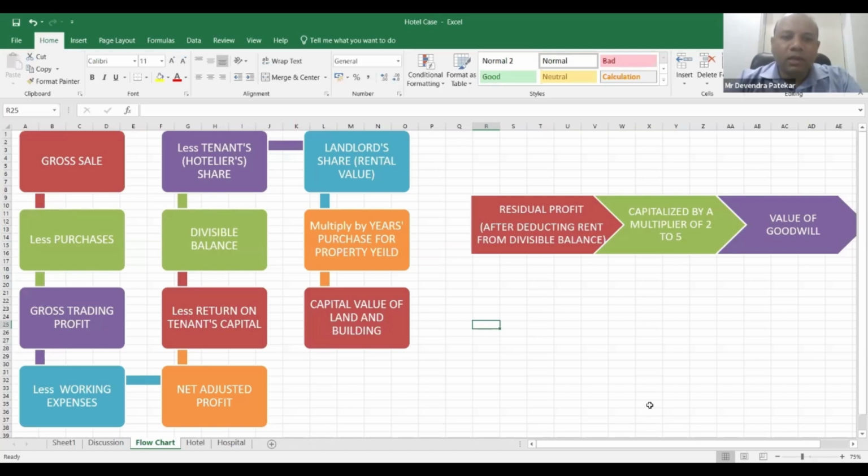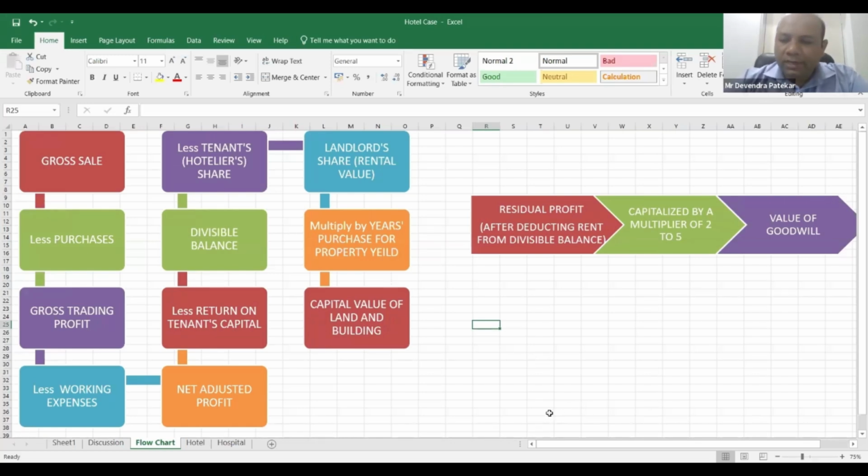Technically, in 2020, the sale was very less. In 2019, there was some sale. In 2021, again, the sale was not to a great extent. However, in 2022 and part of 2023, they had a good amount of sales. So that was considered in the valuation.